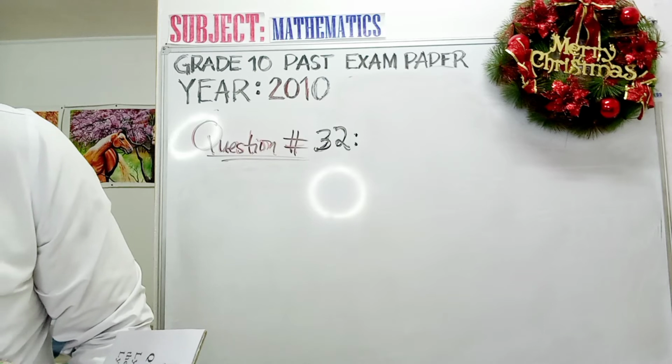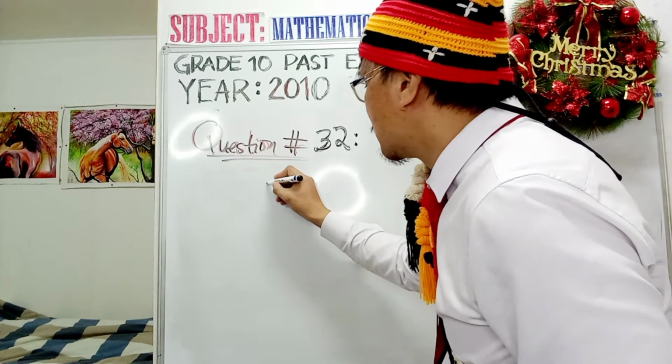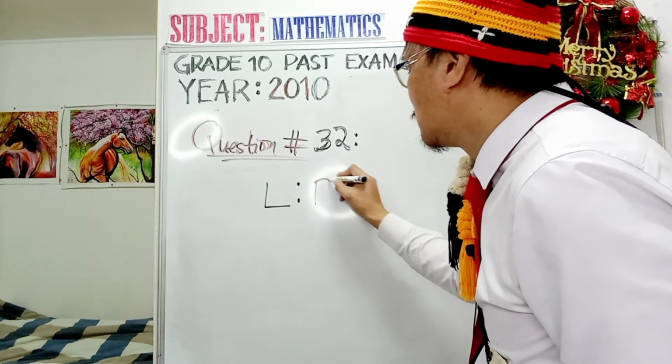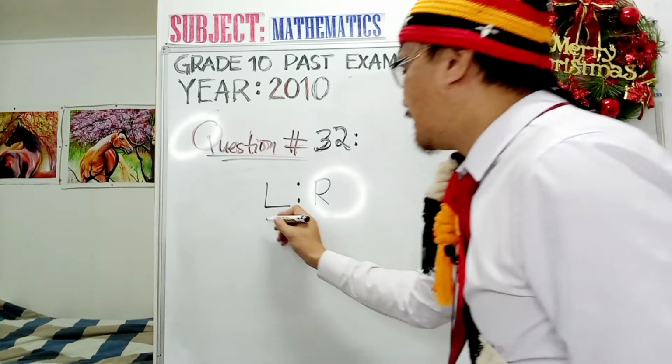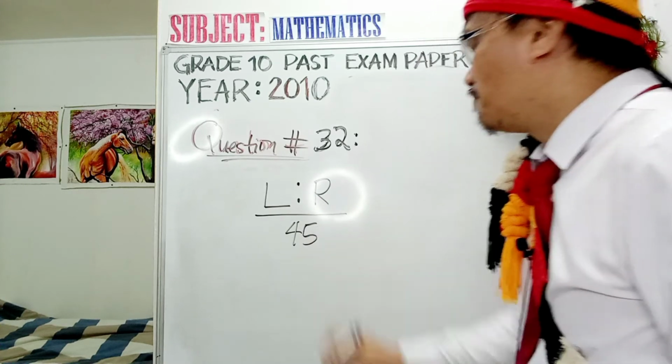Okay, the expression will be, this is for Lynette is to Renee. These two girls receive 45 messages.